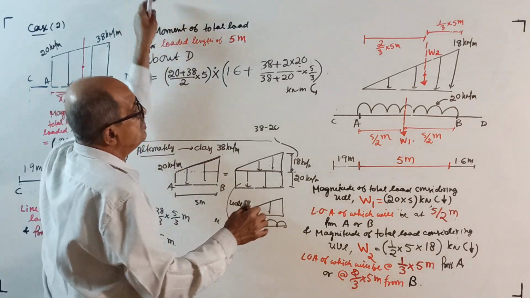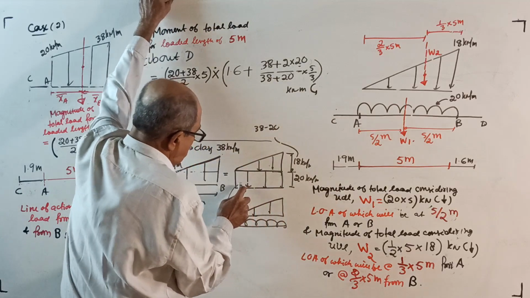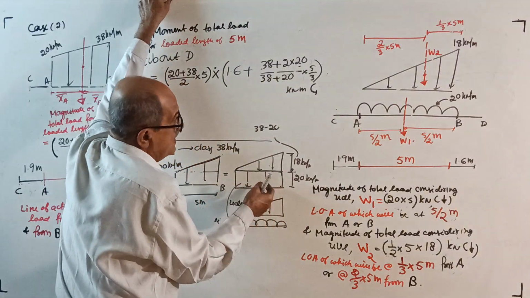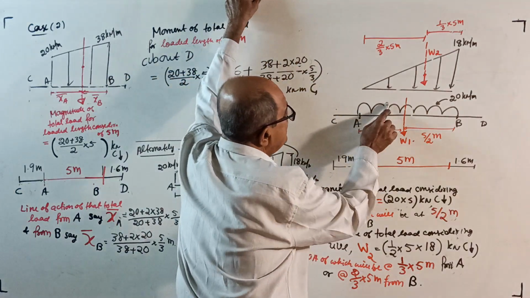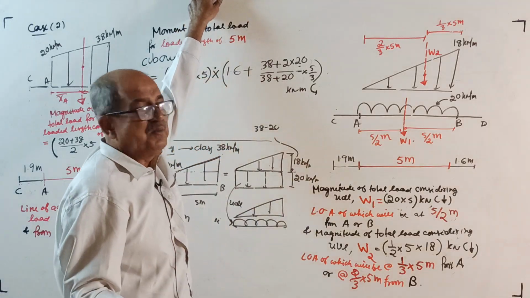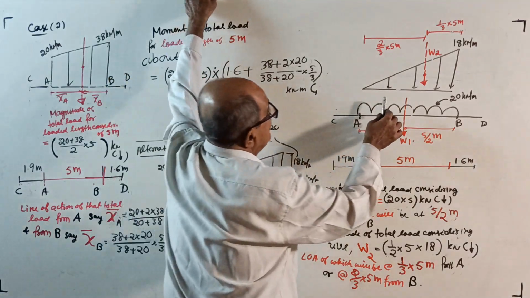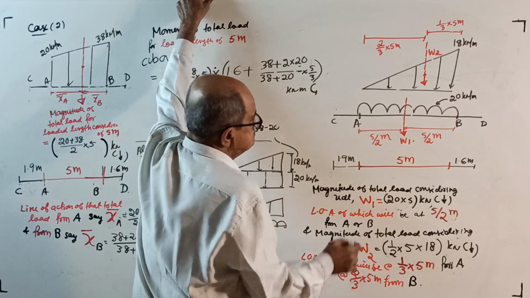UDL. Now, put a neat sketch. First put a UDL of, instead of rectangle, UDL is better, UDL of 20 kilonewton per meter. Okay. Or you can write rectangle also, no problem. Then above that, a uniformly varying load of 18. Same.